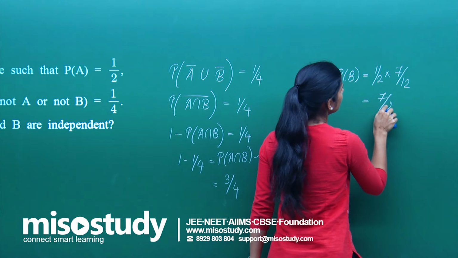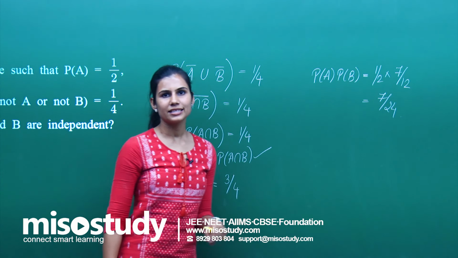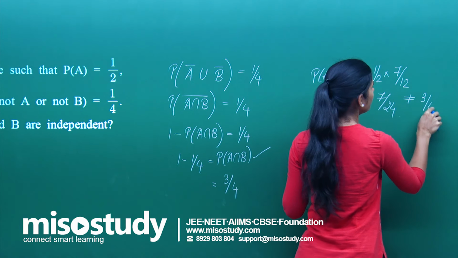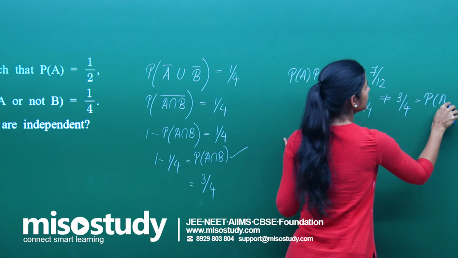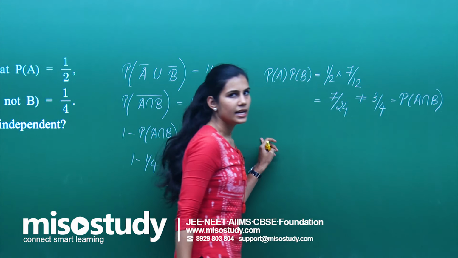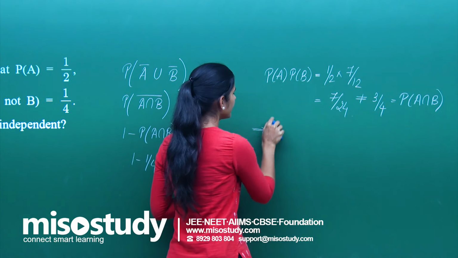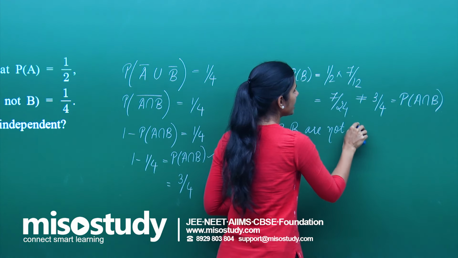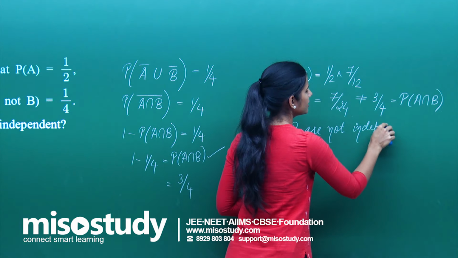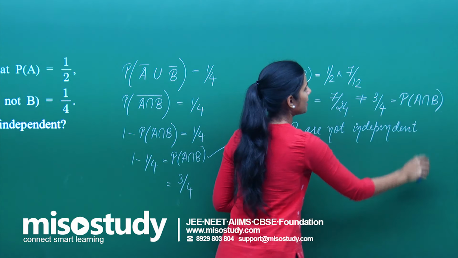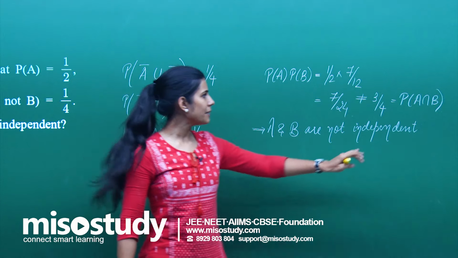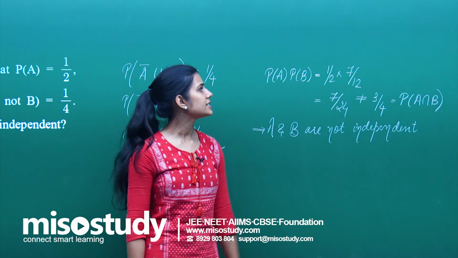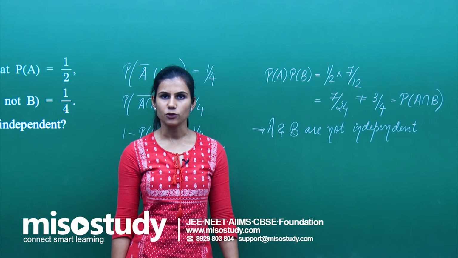So you get 7 by 24 as the product of the individual probabilities of A and B, which is absolutely not equal to 3 by 4, which is the probability of simultaneous occurrence of A and B. And thus A and B fail to be independent events. Is it understood? They are absolutely not independent, because the probability of simultaneous occurrence of A and B is 3 by 4, but the product of their individual probabilities is 7 by 24, which is unequal.